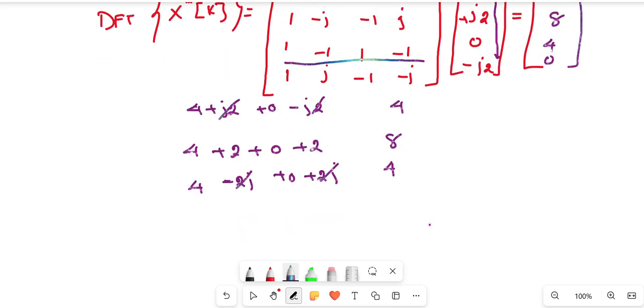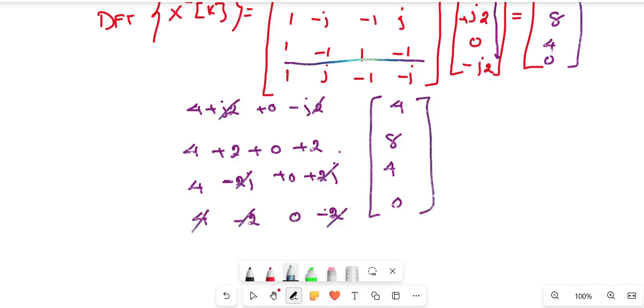The last term: 4, then j square gives minus 2, and the third term is 0, the fourth term is minus 2, so plus 4 minus 4 cancels and it will be 0. So this result equals 4, 8, 4, 0.